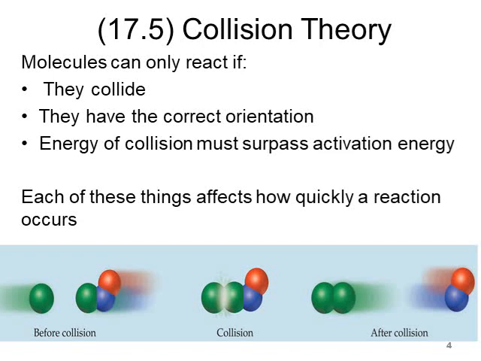So first of all, collision theory assumes that in order for a reaction to occur, two different atoms or two different molecules have to collide. And that collision ends up being really important because we have something that's known as an orientation factor.